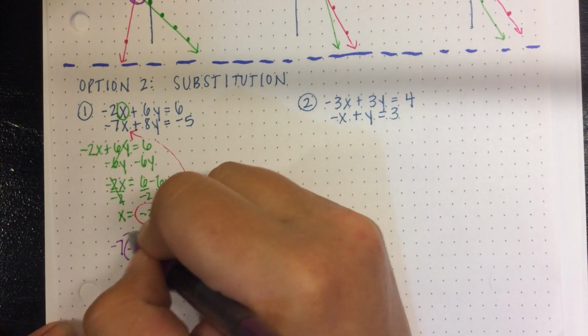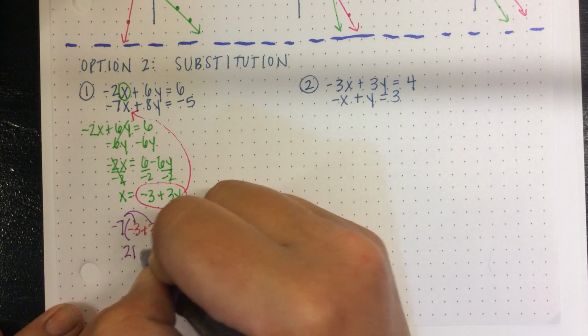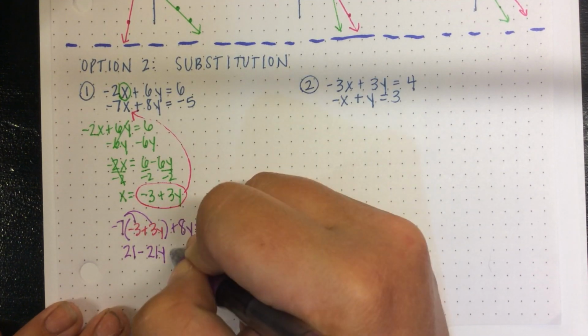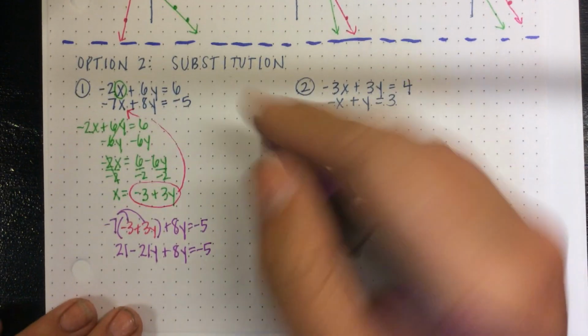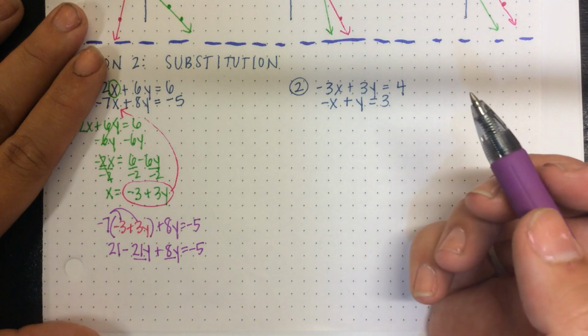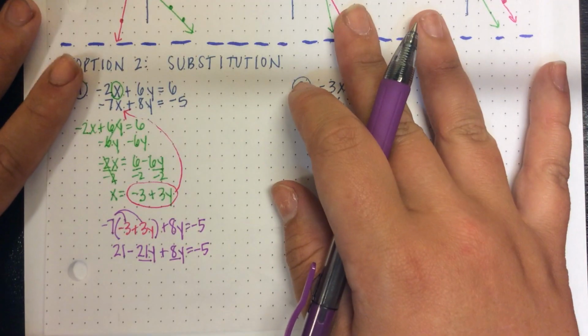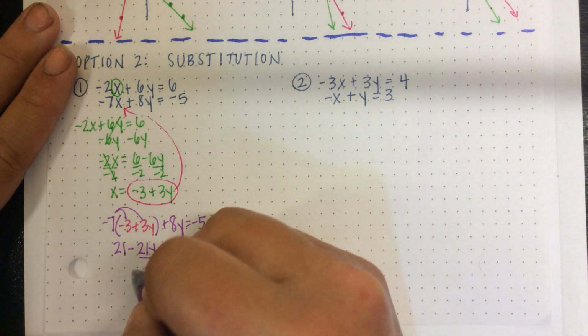All right, so I'm going to start with distributing. So I have a positive 21 minus 21y plus 8y equals -5. Okay, and then I've got like terms in there. So we can say -21y plus 8y.